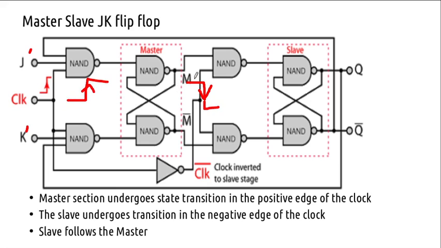So only after the full clock pulse duration can the next input have an effect. A change can come only in the next clock pulse. So within the duration of one clock pulse, the transition will not occur again. You have predictability now. The next transition can occur only at the leading edge of the next clock pulse, right? That's how it solves the race around issue. Hope that's clear.